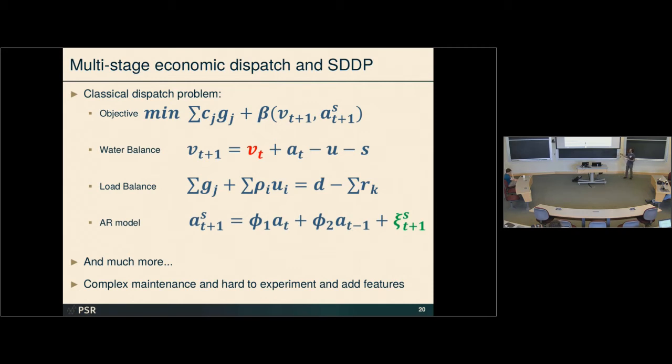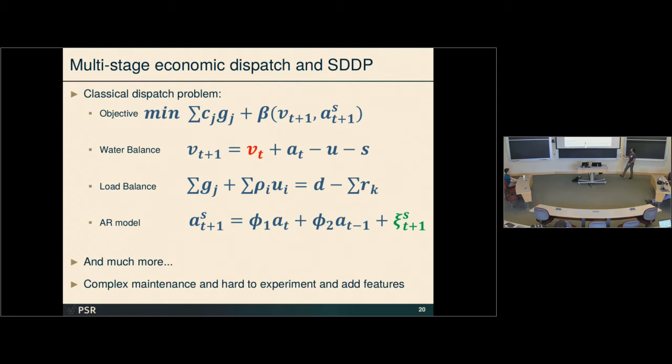There's this state space equation which encodes that your reservoir volumes in the future are equal to your current values plus what is raining over there, minus what you're using for energy production. This is just encoding load balance, so thermal generation plus hydro generation equals demand minus renewable generation.